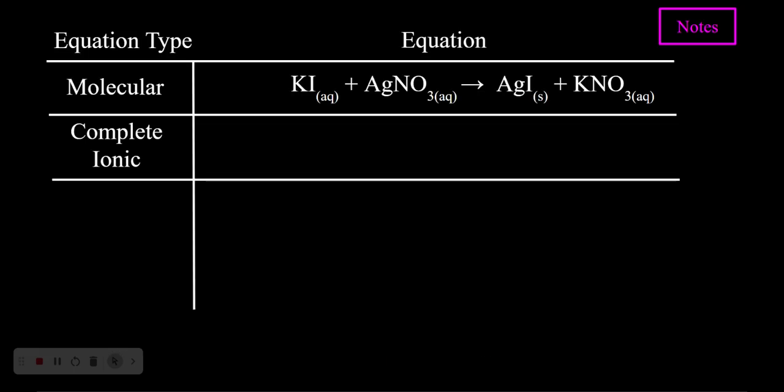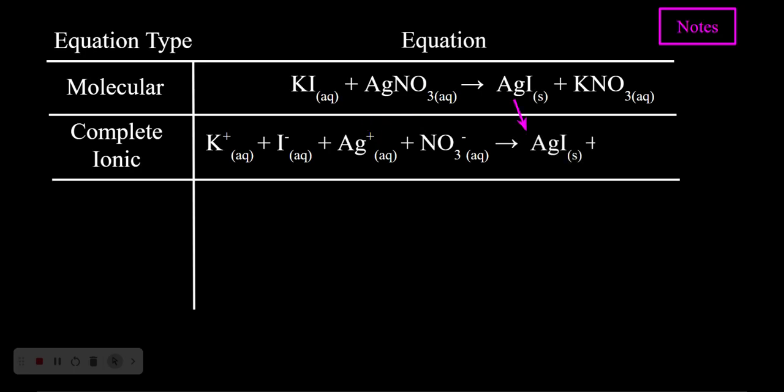Now here's another one. You'll notice that KI is aqueous, so it separates into its ions. AgNO3 is also aqueous, so it separates into its ions. Silver iodide is not.